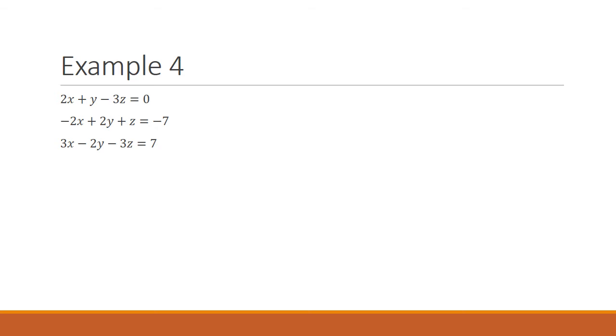Let's go ahead and start with, we've got 1, 2, and 3. I'm going to start with equations 1 and 2. I've got 2x plus y minus 3z equals 0 for equation 1.